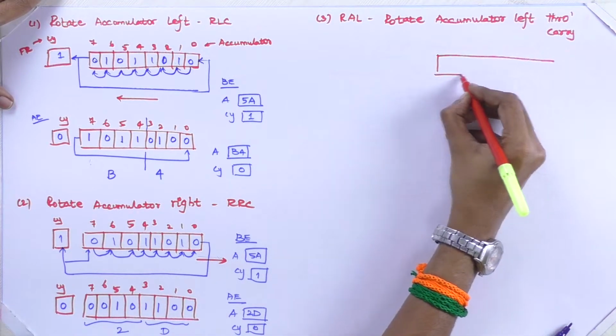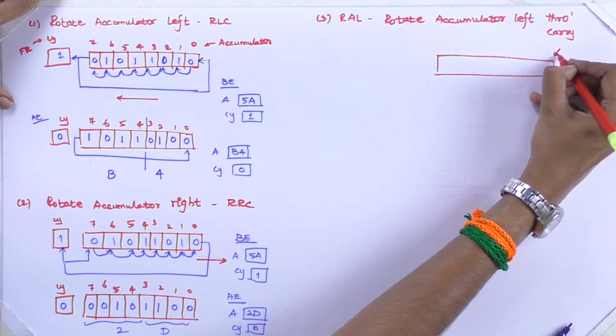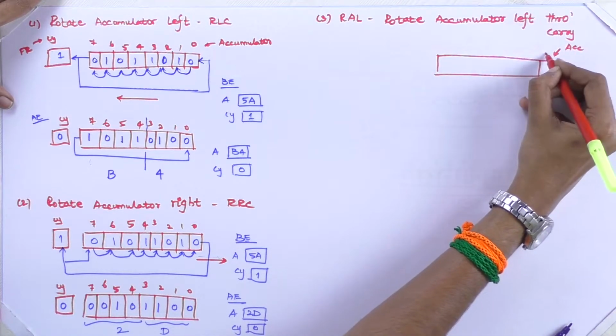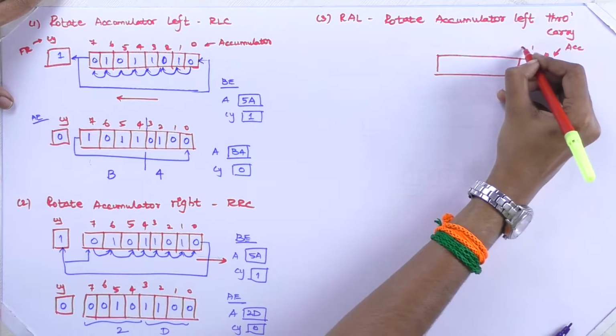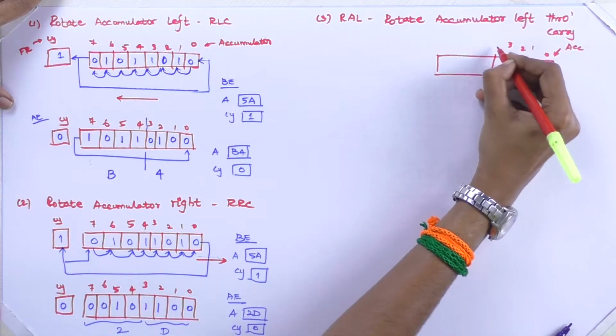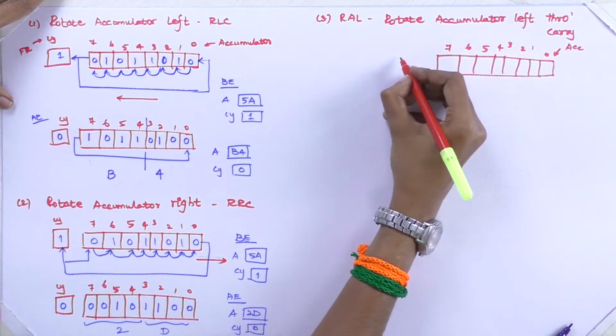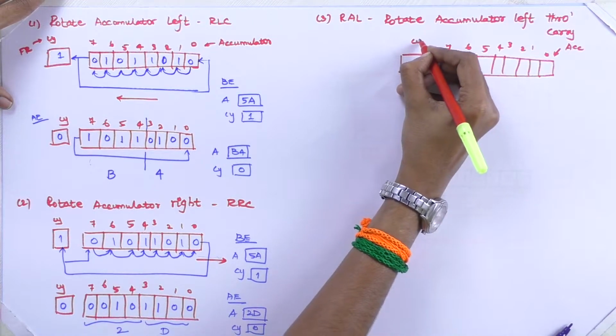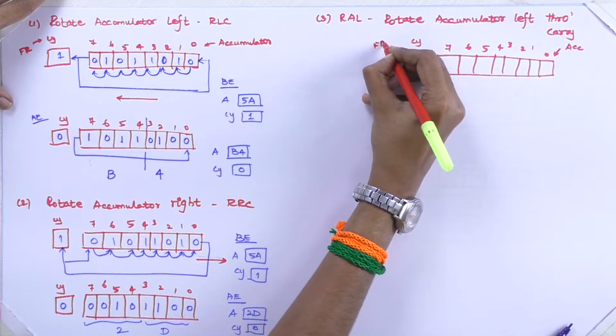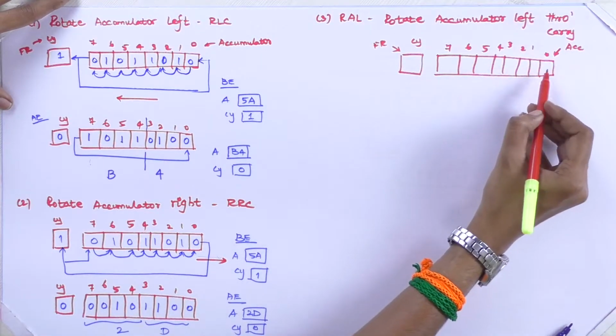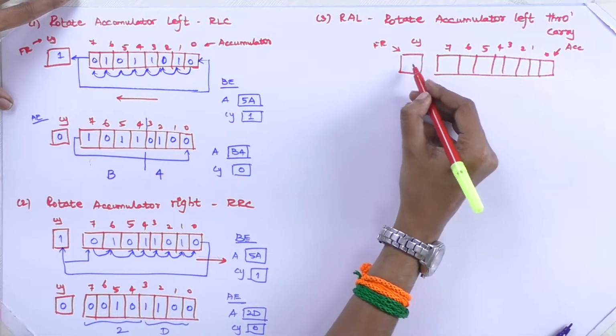You have an accumulator register. This is your accumulator. And this is your carry bit of the flag register. Now we are going to rotate to the left this way through carry.